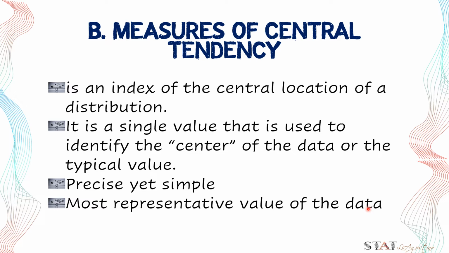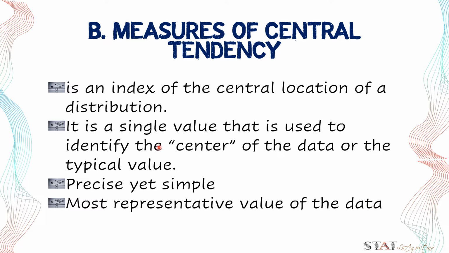Why do we need these measures of central tendency? For example, in your church data, what is the tithe of the people or the brethren in your church? You don't need to say family 1 gives 10,000 per month, family 2 gives 2,000 per month, family 3 gives 3,000 per month, family 4 gives 5,000. You don't have to enumerate every data value.